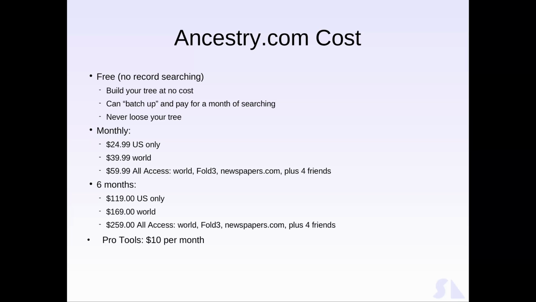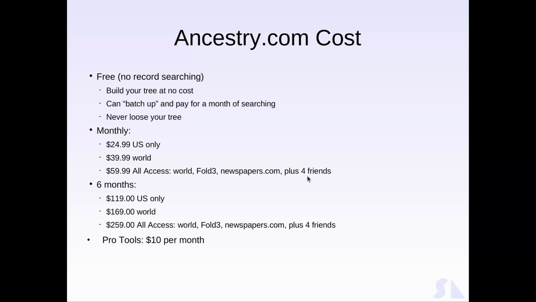So down below, I have the prices that you can purchase a month at a time. You can purchase 6 months at a time. There's also a 1-year option. And there are different levels. You can do just US records for one price, a little bit more for world records, and a little bit more for their all access, which gives you everything in the world, plus Fold3 and Newspapers.com. Fold3, in case you're not familiar, is military records.